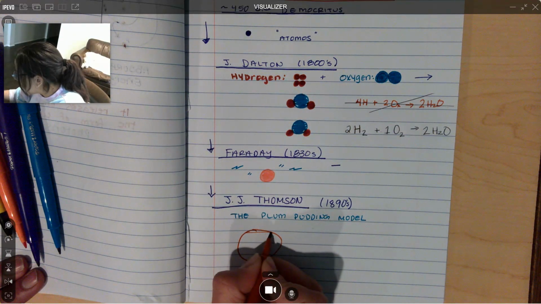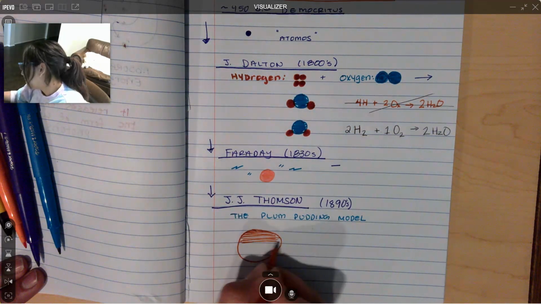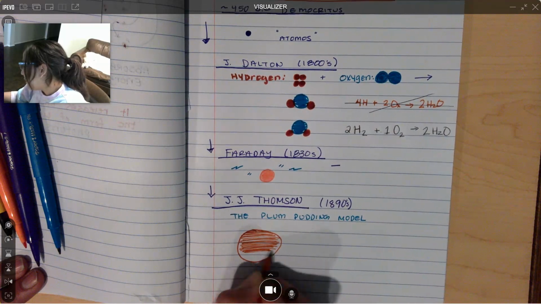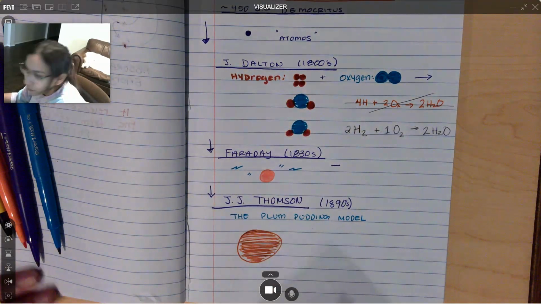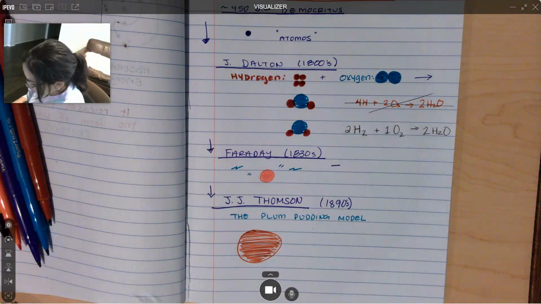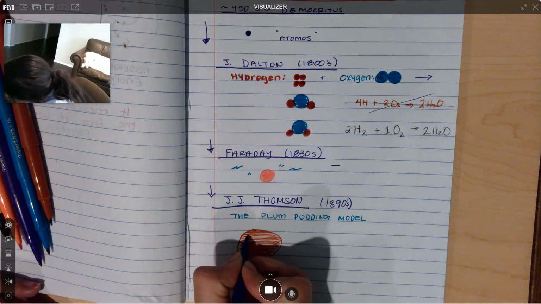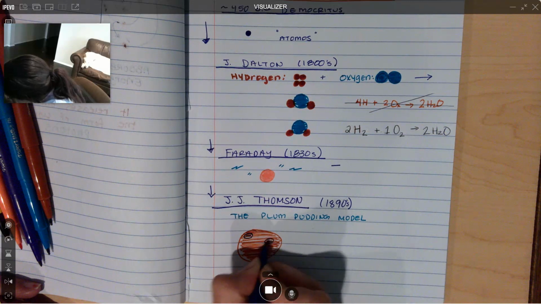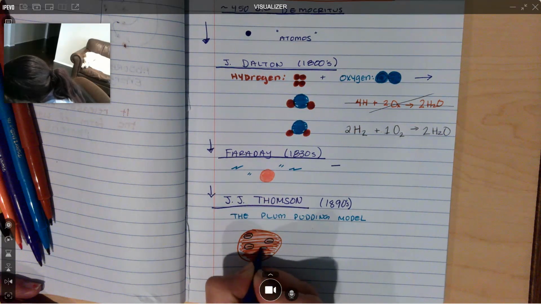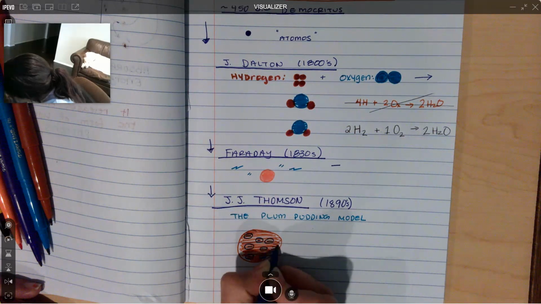Everything that's in this brownish color is positive. Some people call it the chocolate chip cookie model, because it's easier for us to think of it that way. And inside of it are the electrons, just floating around randomly inside of the plum pudding model.